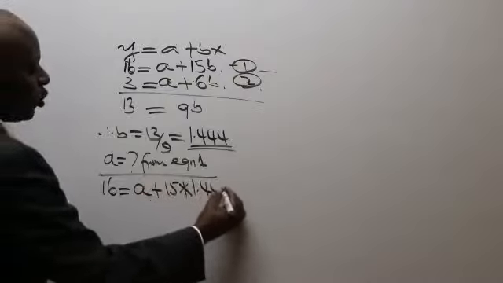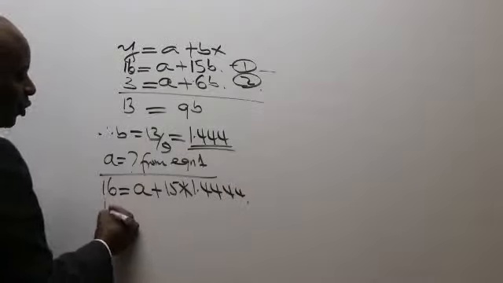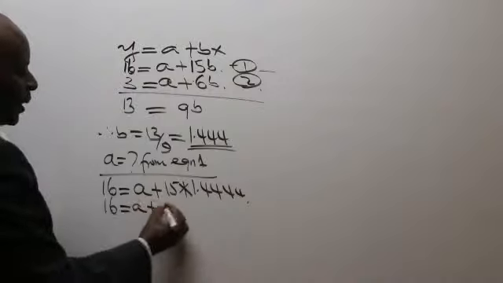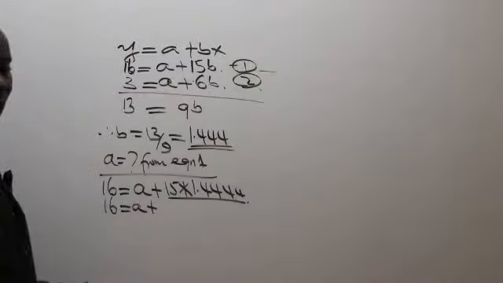And the b you have just told me is 1.444 like that. So then this will be 16 equals a plus, could you kindly give me this multiplication? What is 15 times 1.4444? 15 times 1.4444 will give us what figure, somebody?